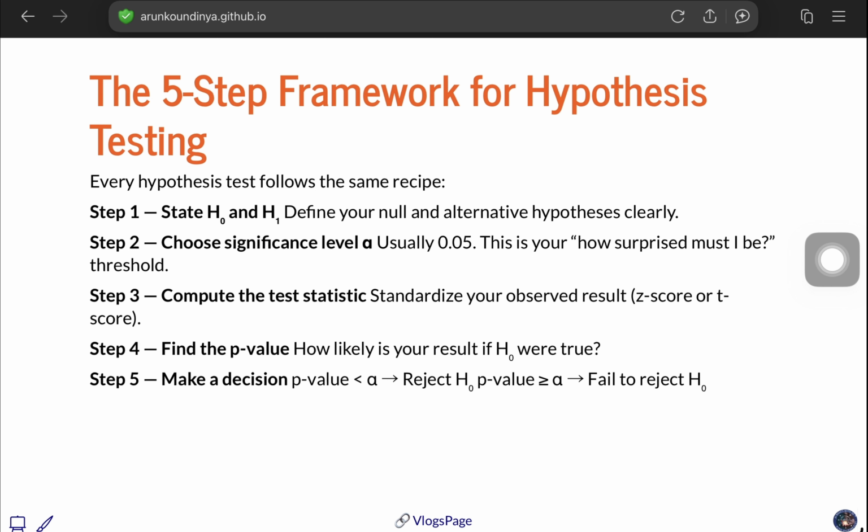Step 3 is computing the score, step 4 is finding the p-value, and step 5 is taking a decision. As a 2-step process it's very simple, but we lay out a 5-step process because you decide what decision needs to be made and what the threshold of the decision is, you compute the statistics and the values, and then finally you take a decision.